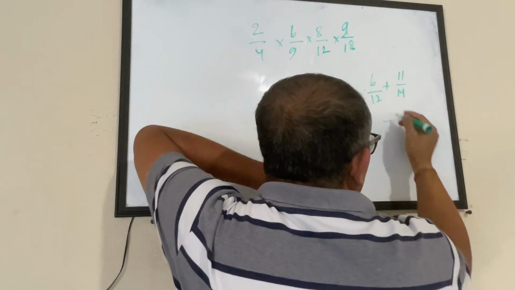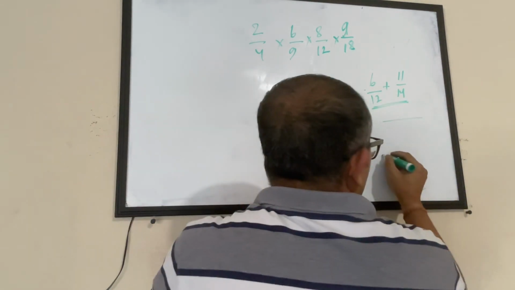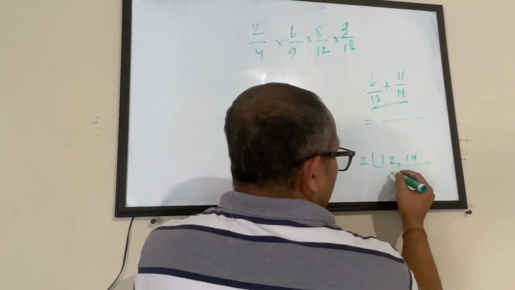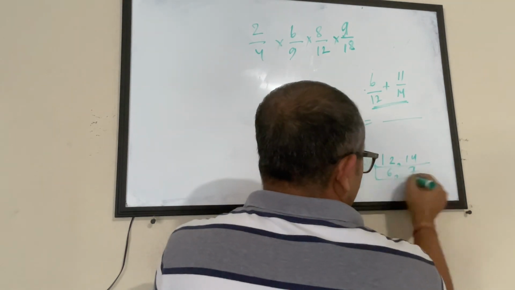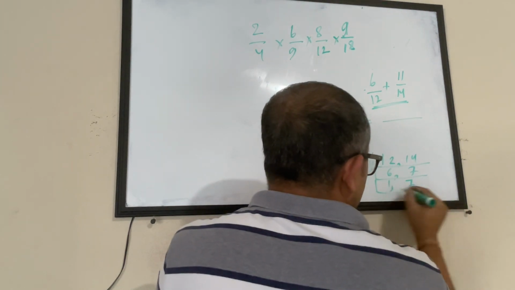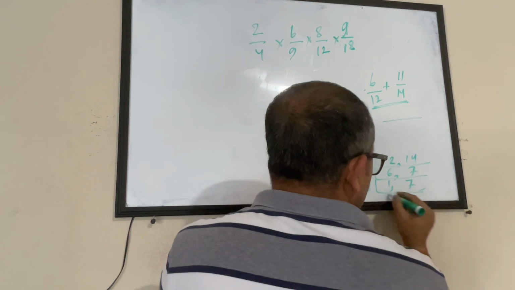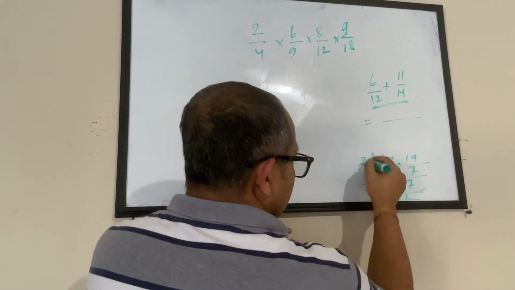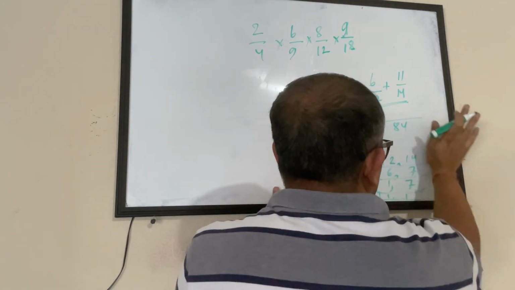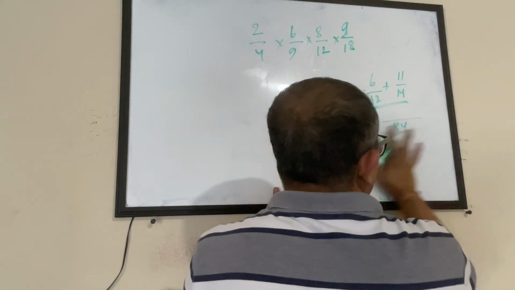Okay, simple thing. I'll find the LCM for these two, 12 and 14. Dividing by 2, 6 and 7; then 3 and 7. So my LCM is 2 times 6 times 7, which is 84.